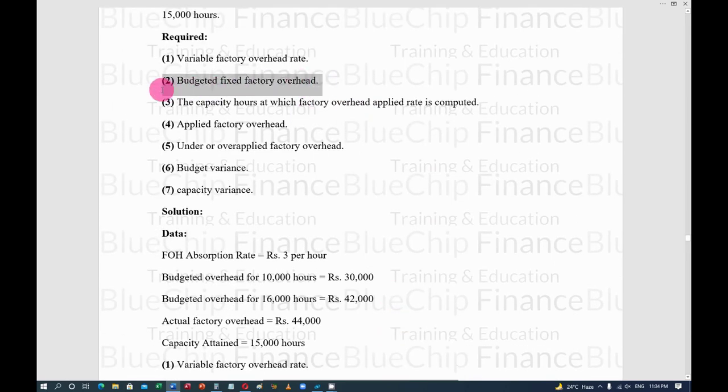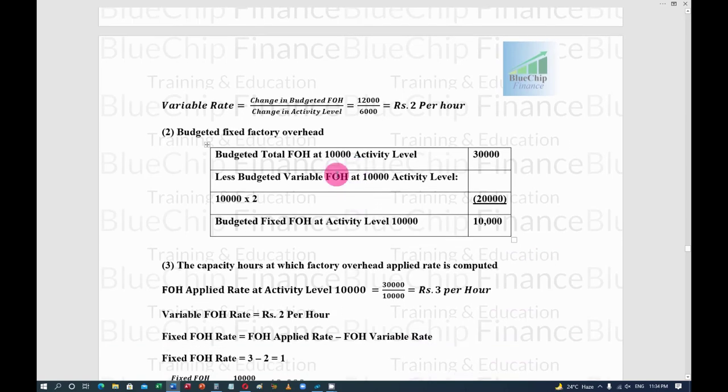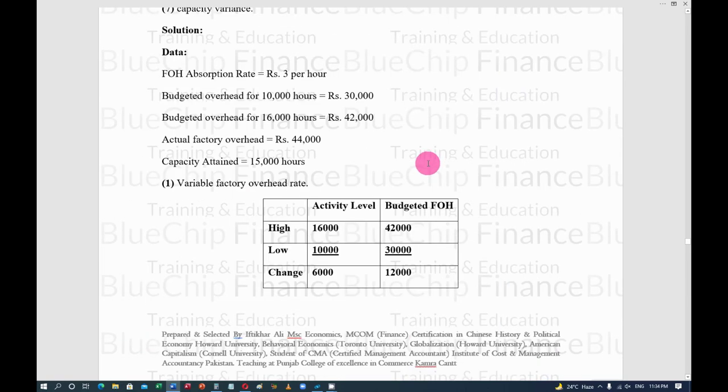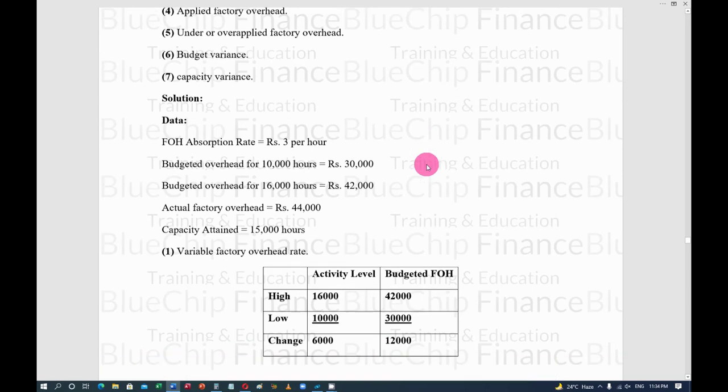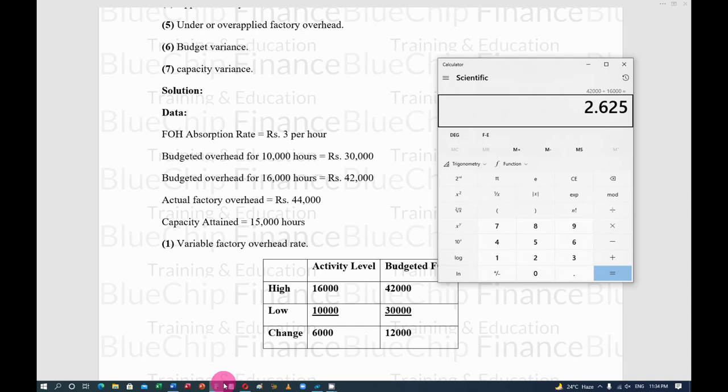But we need here budgeted fixed factory overhead. Budgeted fixed factory overhead is based on budgeted total FOH at the 10,000 capacity level or activity level, which is 30,000. Why are we going to use this 30,000 and why are we not using the 42,000 level? Because as you are observing, the absorption rate is 3.